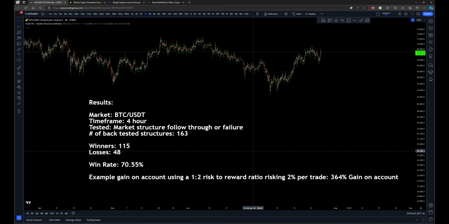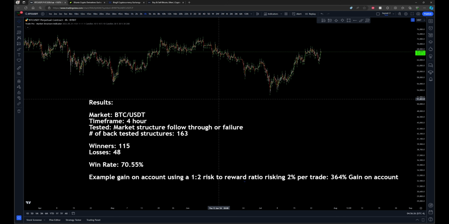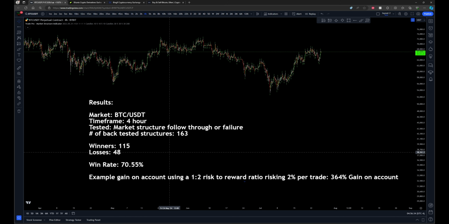Throw in a 200 EMA for extra bias, things along those lines, and then get an entry method using this as your trending bias, using some sort of method like lower time frame divergence, hidden divergence, things along those lines, reset on stochastic RSI, things that can get you in on the pullback, or even just a Fibonacci retracement to enter on a pullback with the assumption that trend will be continuing in the current structure's favor. So that's kind of the idea with this. And you can just see how well it works.